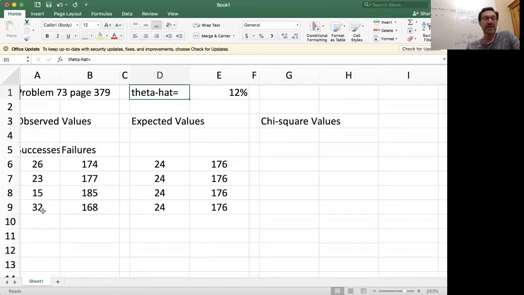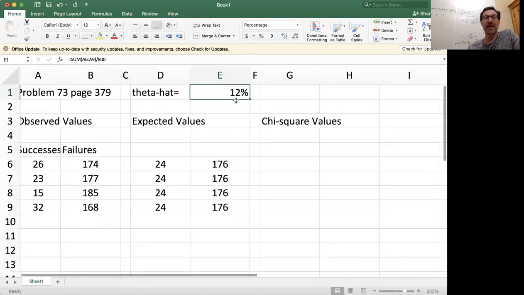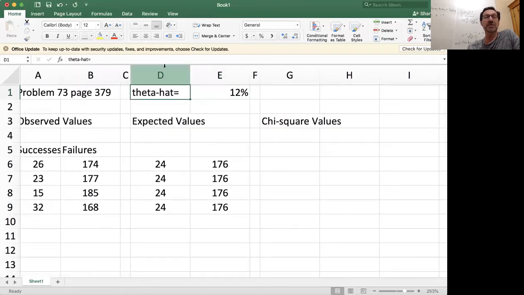I summed all of these guys up. Should be able to see the formula here. There it is. Normally I would sum all the n's up, but I could do 200 times 4 in my head, and I got 800. So based on the raw data, under the null hypothesis, our theta hat is 12%.